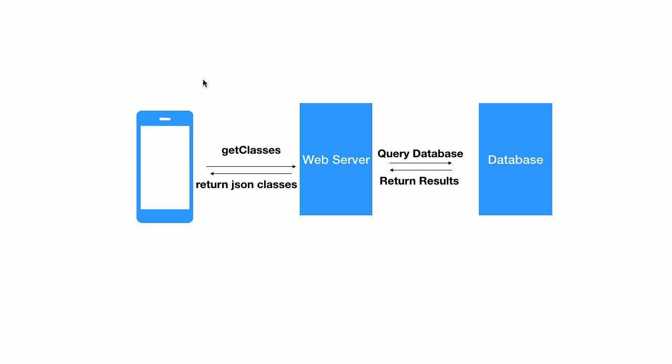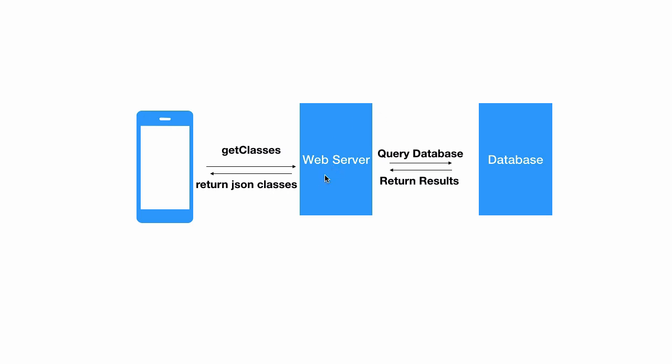The reason why we follow this sort of structure with having an app, a web server, and database is that we can easily swap out any component. So we could swap out the web server to be a different web server, easily modify it. It also adds extra security as the app cannot access the database directly. It has to go through the web server, so it acts as a sort of guard in its way, making sure the app can only do certain things with the database.